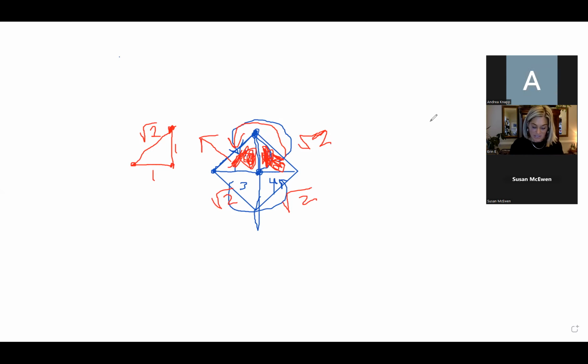What gave me the clue to do this was if you just had a regular rectangle on your geoboard, then you would have had a whole number of units to add up to get your perimeter. Like if you had this one, the perimeter would have just been 1, 2, 3, 4, 5, 6, a whole number.